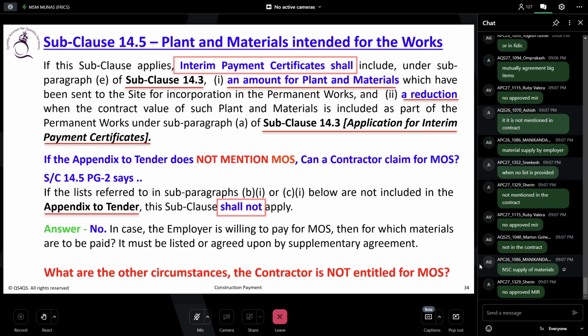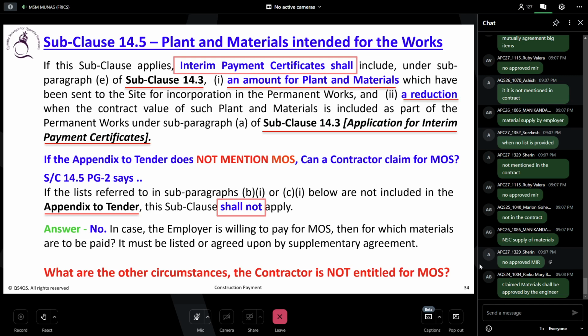If the contract includes a schedule of payment specifying the installments in which the contract price will be paid, then unless otherwise stated in this schedule, (a) leave it, that's not our focal point, (b) subclause 14.5, plant and materials intended for the works, shall not apply. Do you understand?